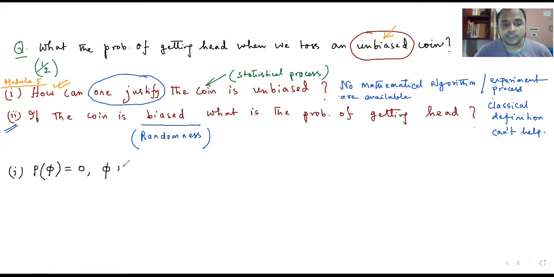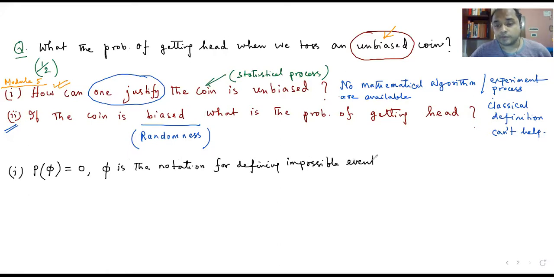Phi is the notation for defining any impossible event.